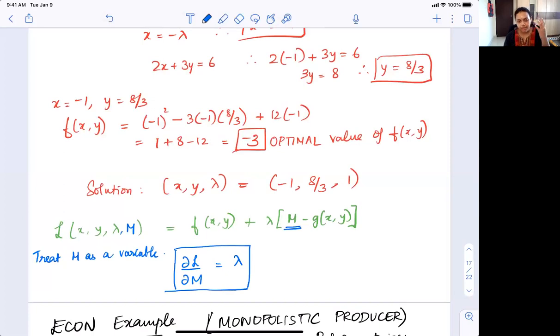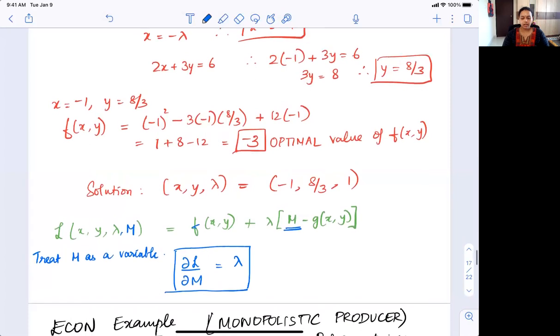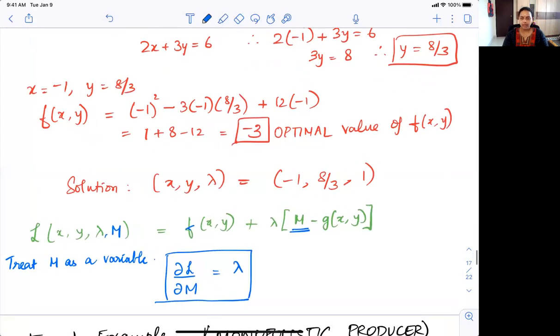The Lagrangian function becomes our main function of interest when we do constrained optimization this way, and when you take its derivative with respect to m, which defines your constraint, that is equal to λ.